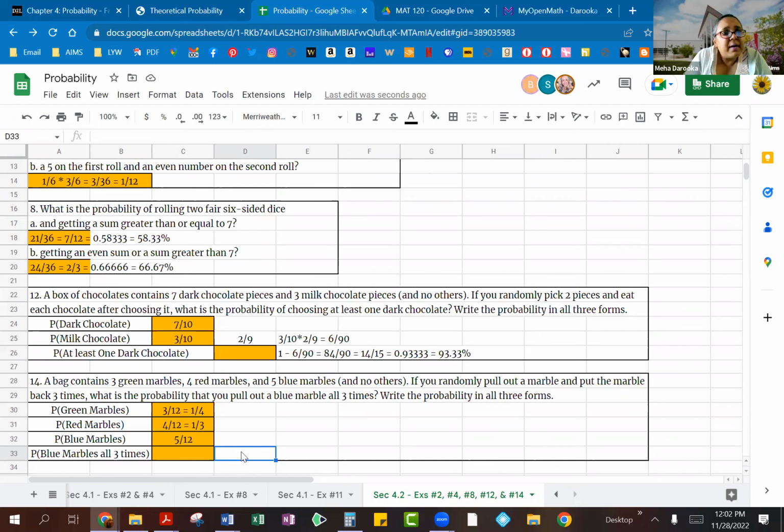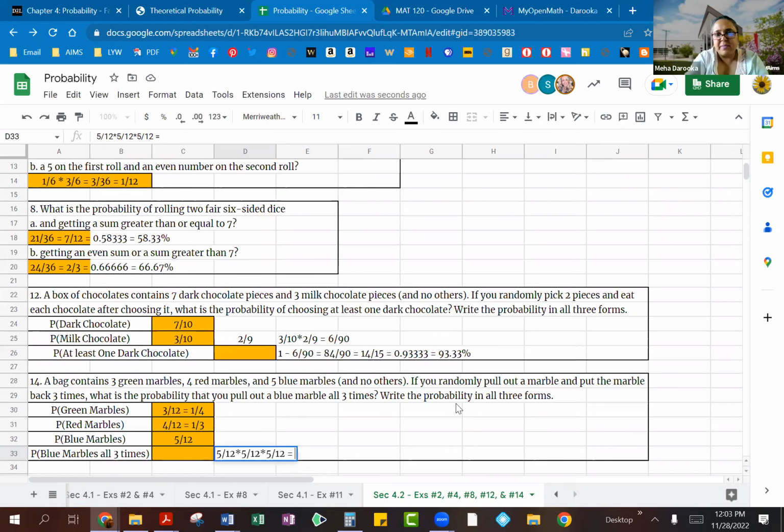Yeah, so Sabrina, you said taking the 5/12 because we're interested in how many of those would be blue marbles. So that's the probability multiplied into itself 3 times. We want to know what's the possibility that all 3 times you end up with a blue marble. So you're doing 5 times 5 times 5 on the numerator.